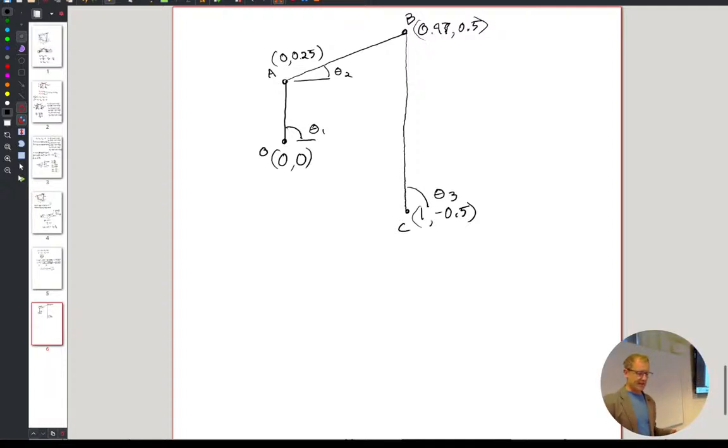It's not really to scale because link 1 and link 2 are supposed to be the same length, but here they're all kind of stretched out.